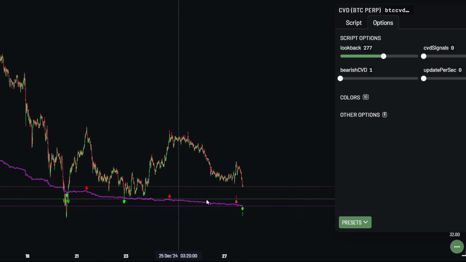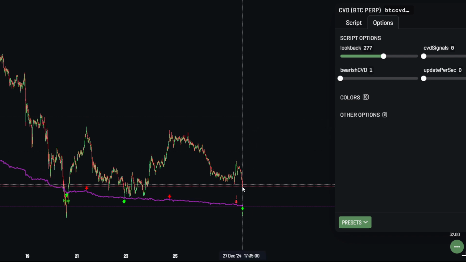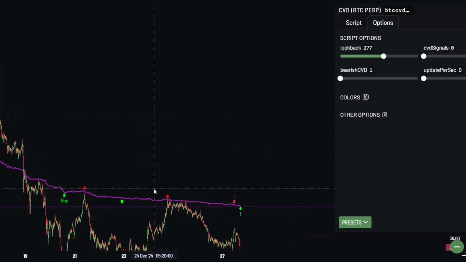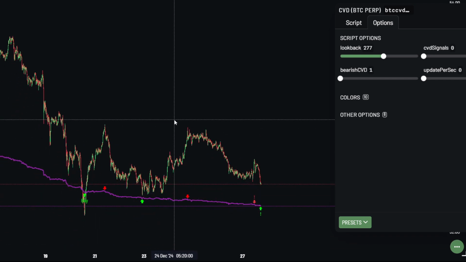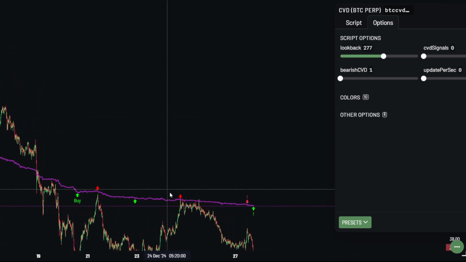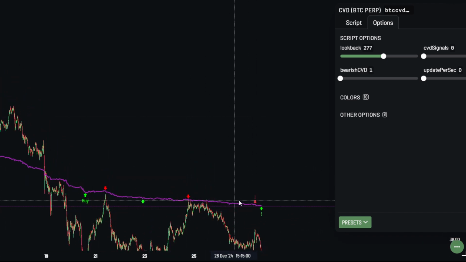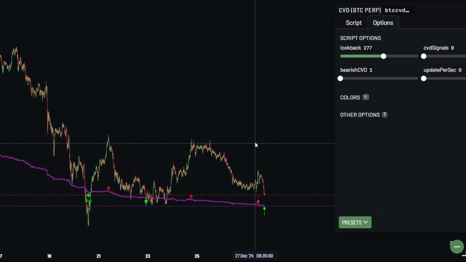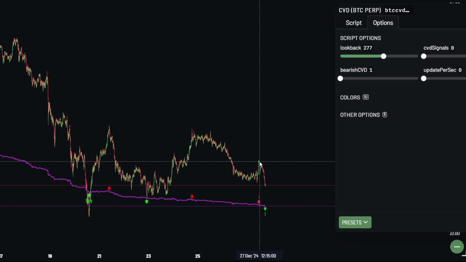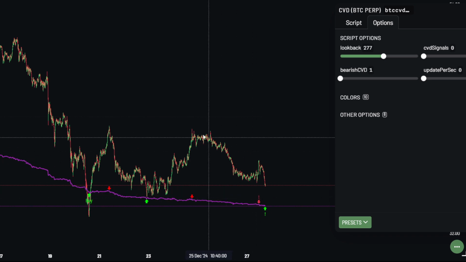A perfect signal for a bullish CVD and moving towards the upside. Now, if we see the bearish as well, the bearish signals are also working, as you can see at this top. Here we have two bearish signals with the price action also moving lower, which is kind of a convergence, and that is a good signal for bearish as well.